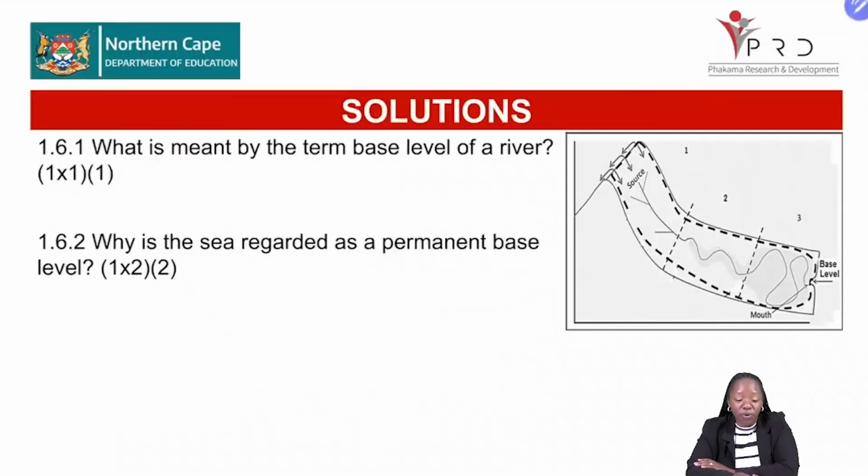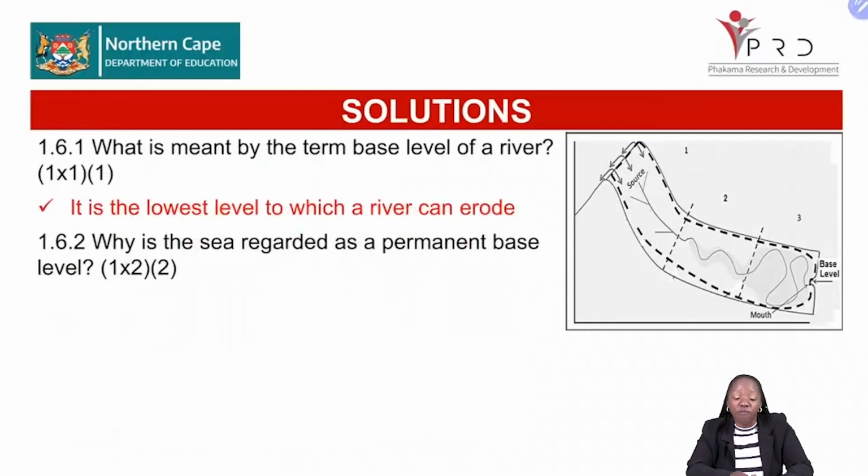Right, girls and boys, looking at our first question, what is meant by the term base level of the river? We are looking at the lowest point at which a river can erode. Remember, that is a base level.